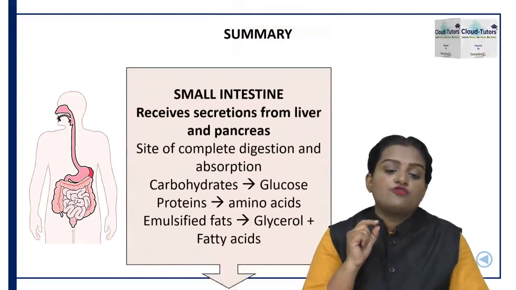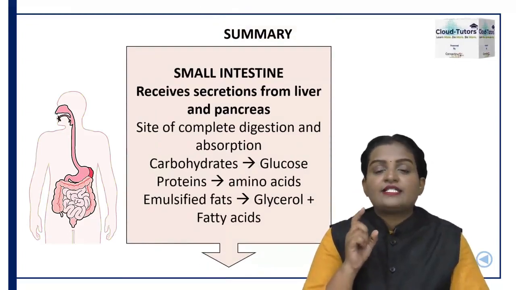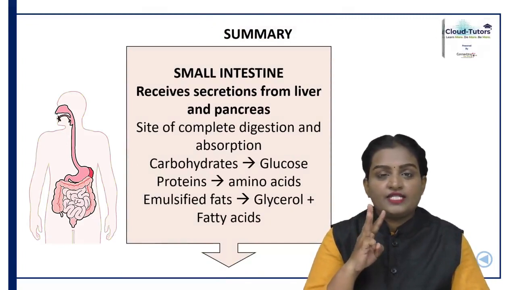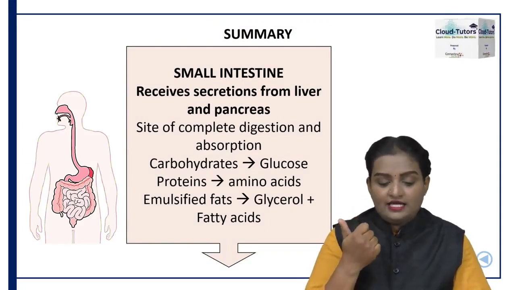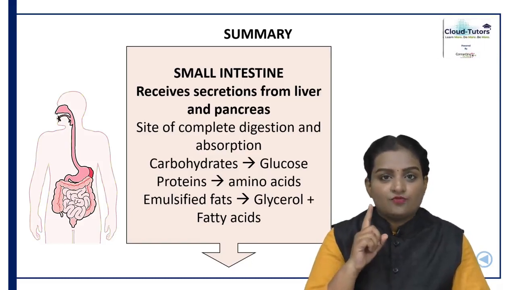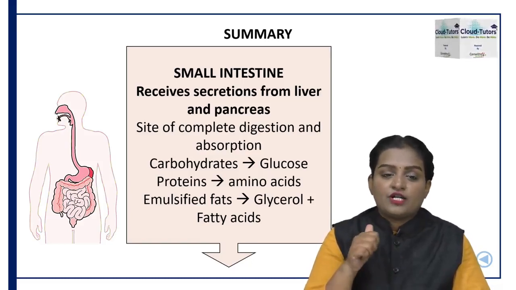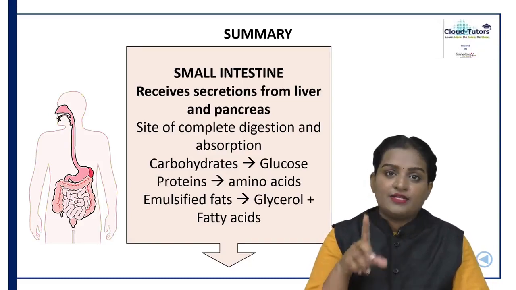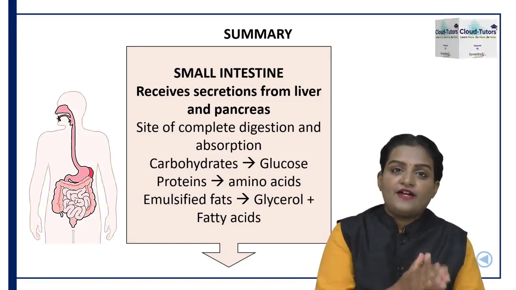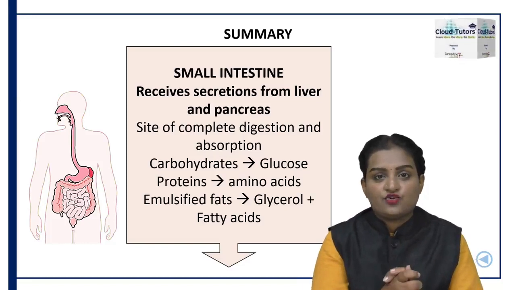Next, food goes to the small intestine where there are secretions from three structures: liver, pancreas and intestinal glands. Complete digestion occurs in the small intestine. The final product of carbohydrate is glucose, of protein is amino acids, and for emulsified fat it is fatty acids and glycerol.